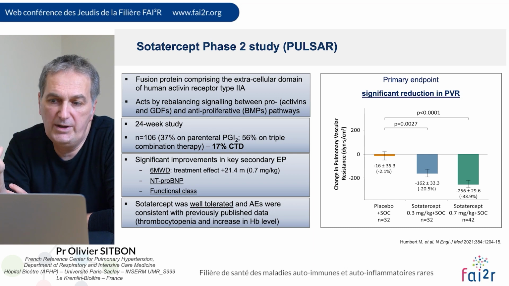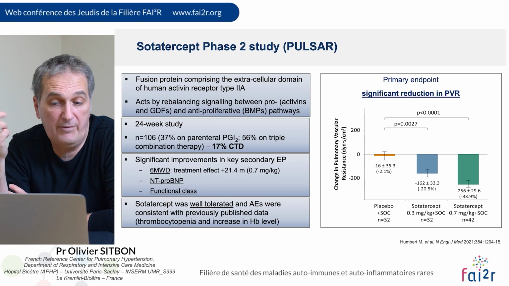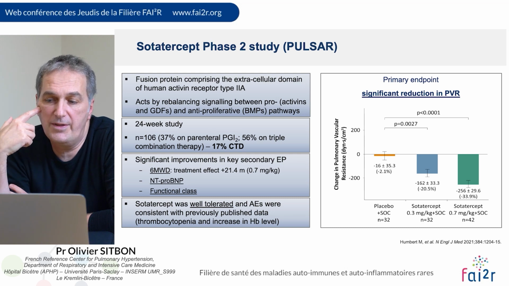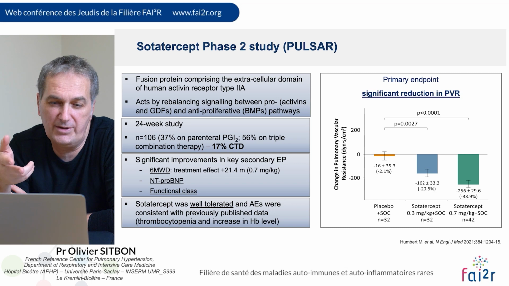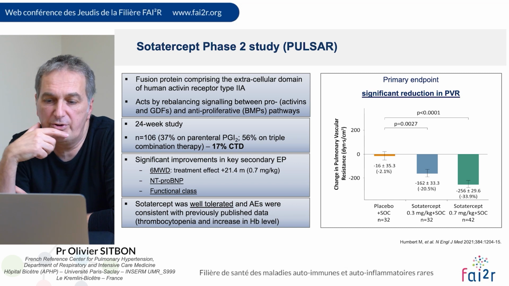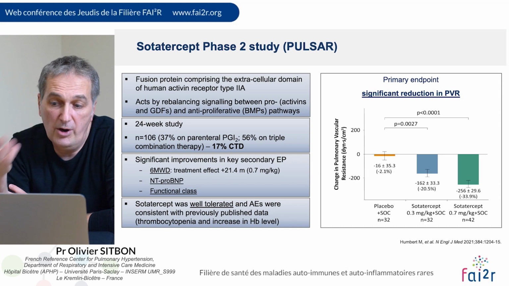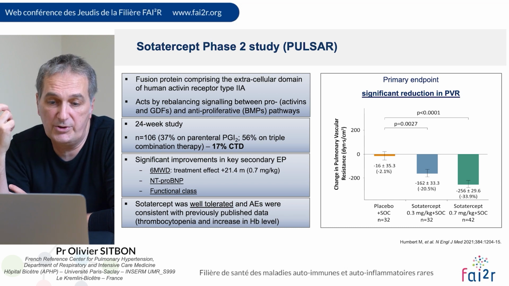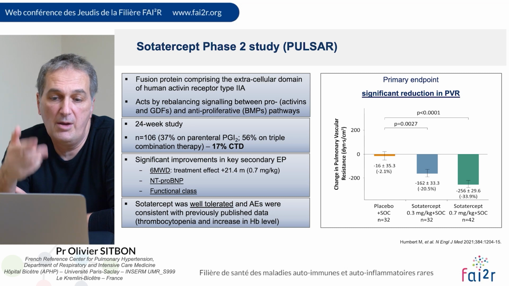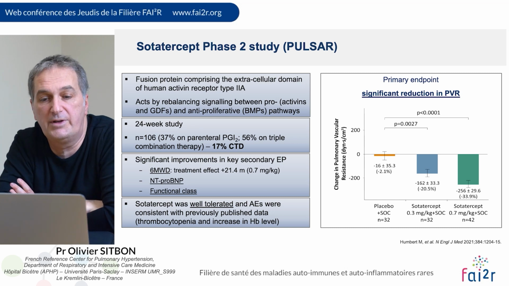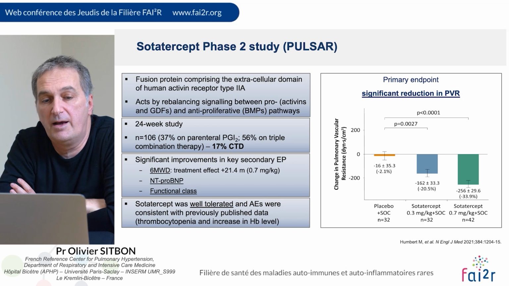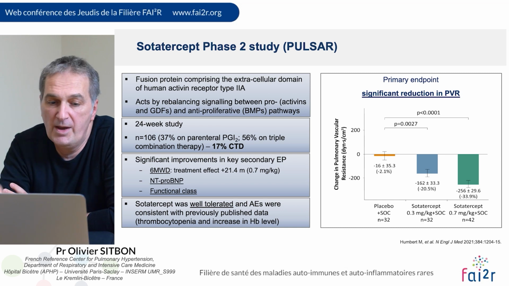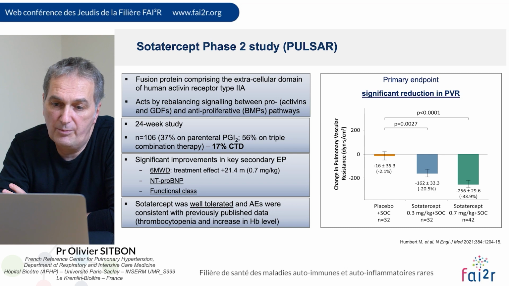When we give sotatercept subcutaneously every 3 weeks in patients with PAH, in that study there were 17% of patients with connective tissue disease, we observed a significant decrease in pulmonary vascular resistance, which was the primary endpoint, but we also observed significant improvement in key secondary endpoints like 6-minute walk distance, NT-proBNP, and functional class. So it is really a promising drug in PAH therapy.